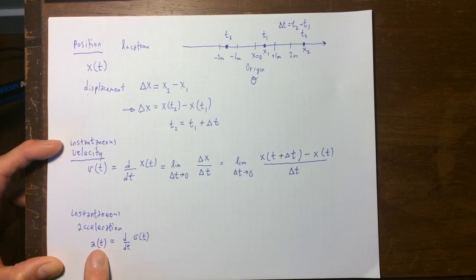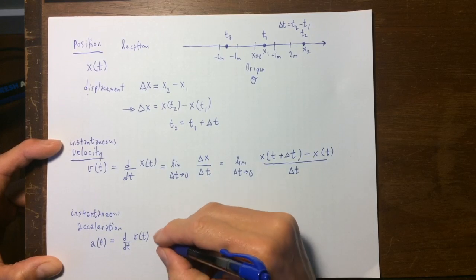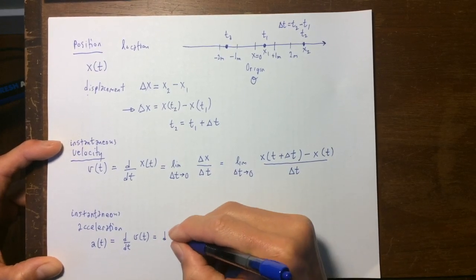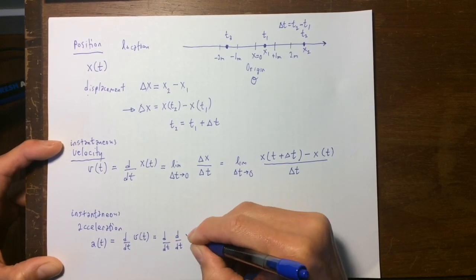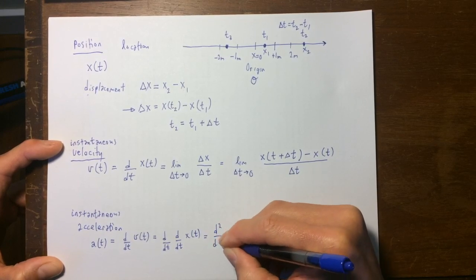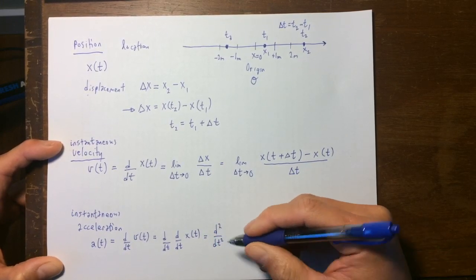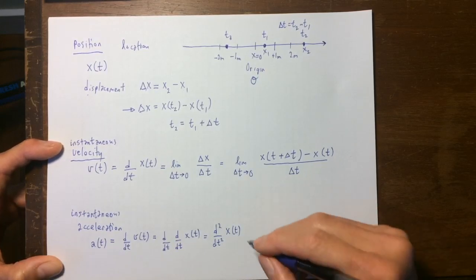So the acceleration function is simply the time derivative of the velocity function, and the velocity function is the time derivative of the position function. So quickly I can say that this is d by dt of d by dt of x of t, which is the same thing as d squared by dt squared. It's the double time derivative of the position function. This is just basic calculus relationships.